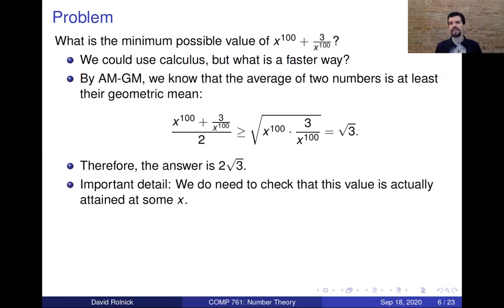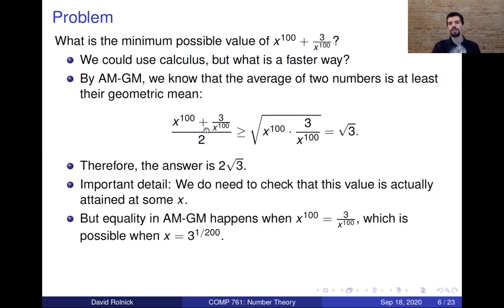But the equality case just says that if all of the things that you're averaging together are the same, then AMGM holds with this being an equality instead of an inequality. So if x to the 100 is equal to 3 over x to the 100, then we have equality. And that's possible when you have x equal to the 200th root of 3.